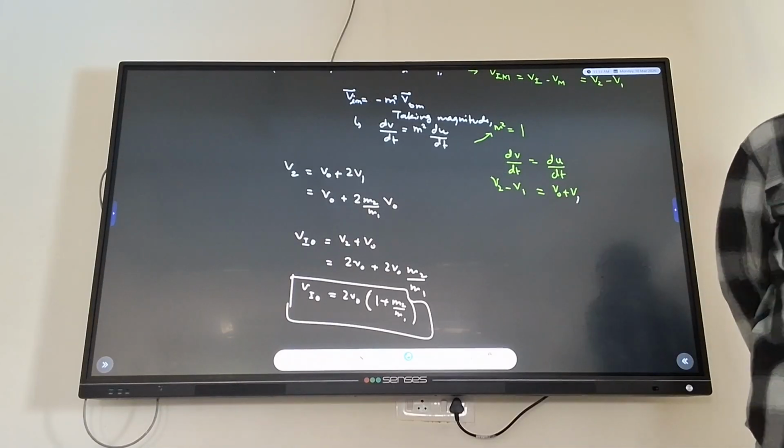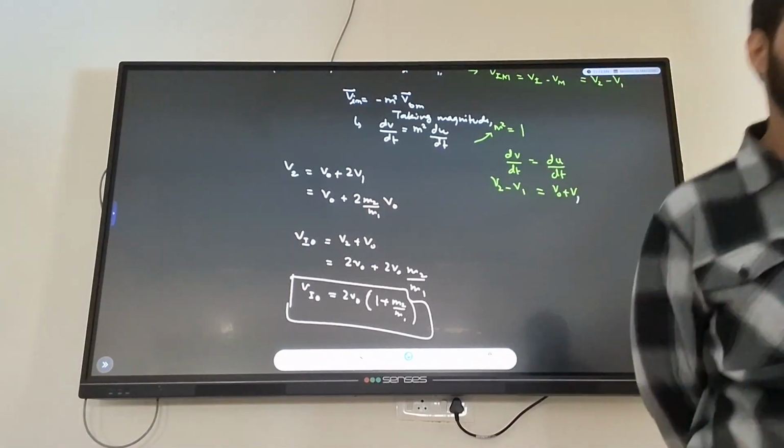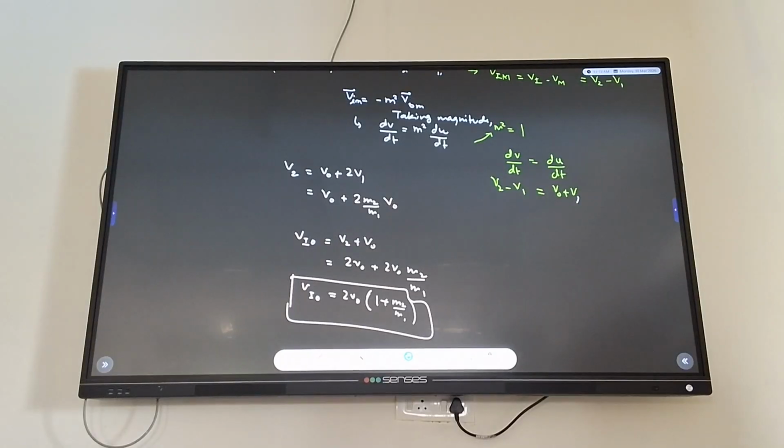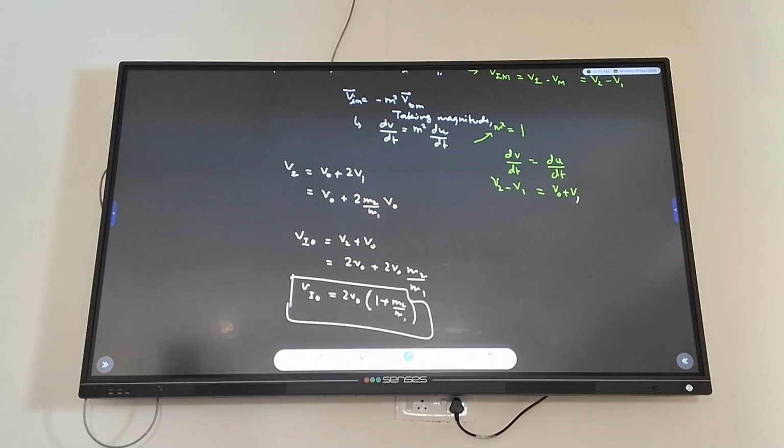Option C. What is option C? 1 plus n into f. That's incorrect. Very good. Are you understanding? The steps are clear. Try it once at your home.